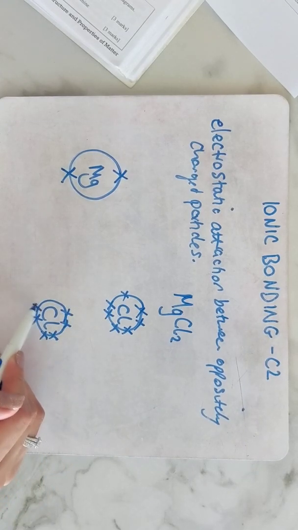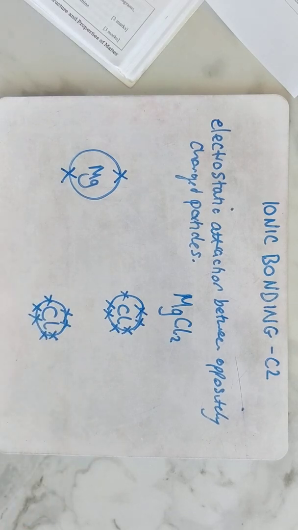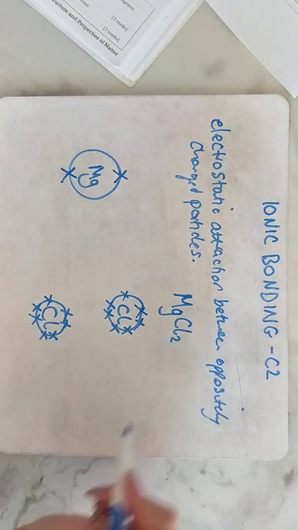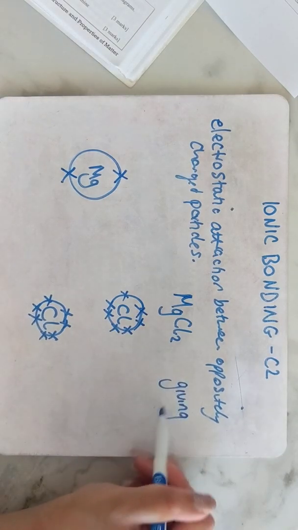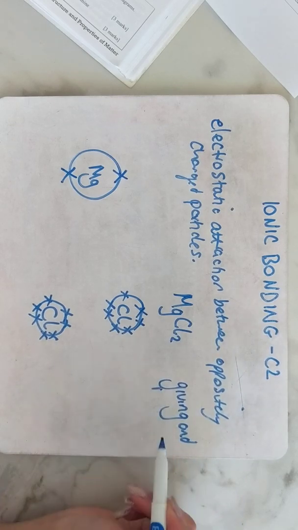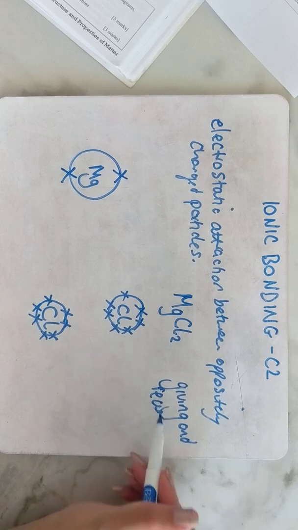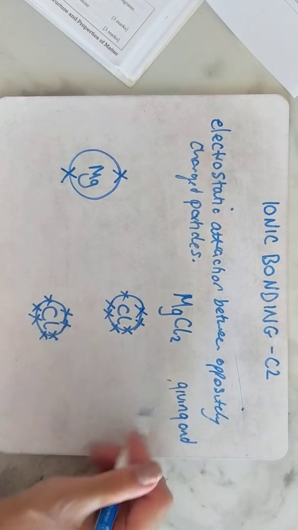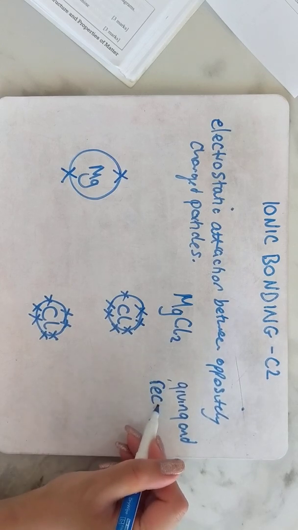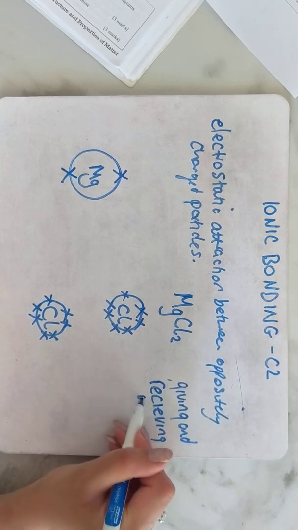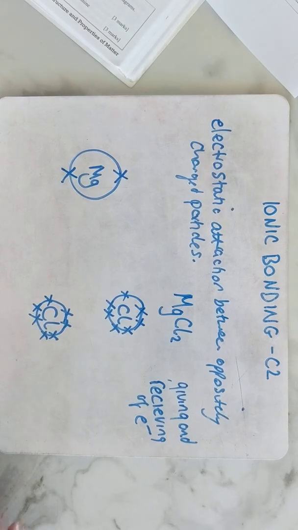Ionic bonding is the giving and receiving of electrons. That's really important. The idea is to get these elements to a full outer shell.